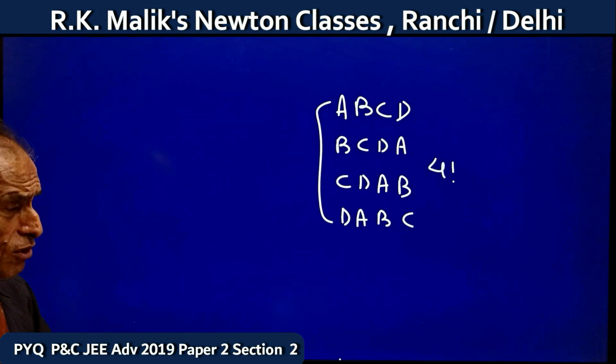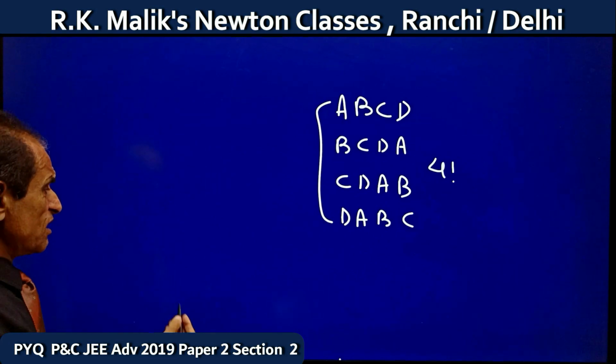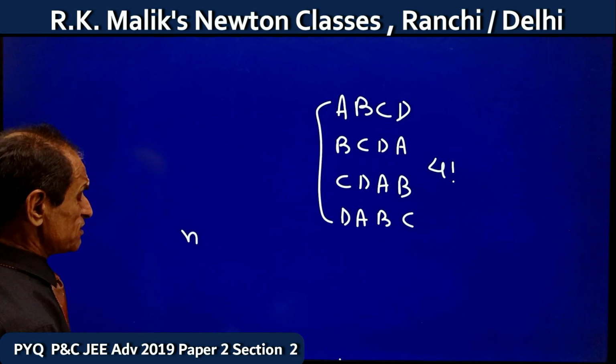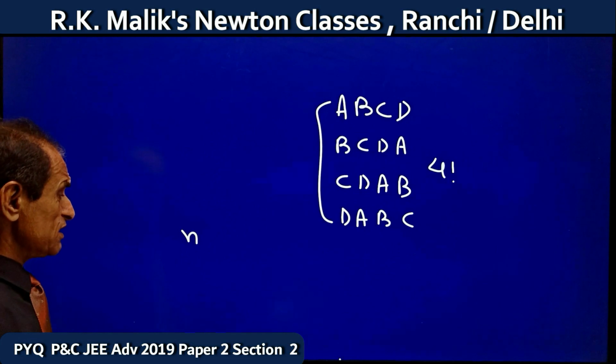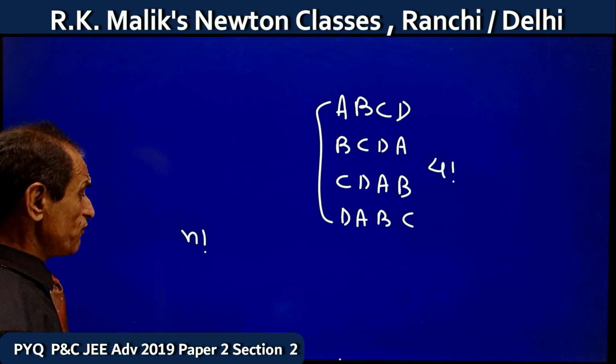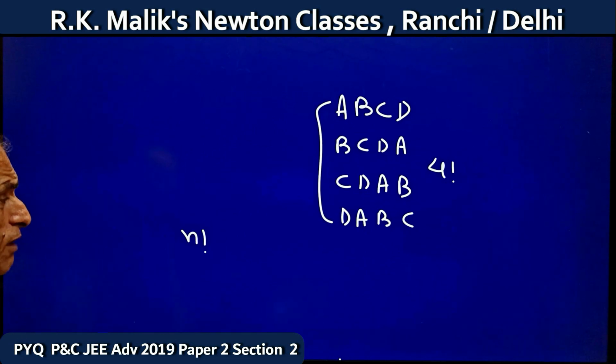It will not be 3 factorial now. In general, I can say if there are n persons and we have to make them sit around a circle on n different chairs, number of ways of arranging them will be n factorial, not n minus 1 factorial.